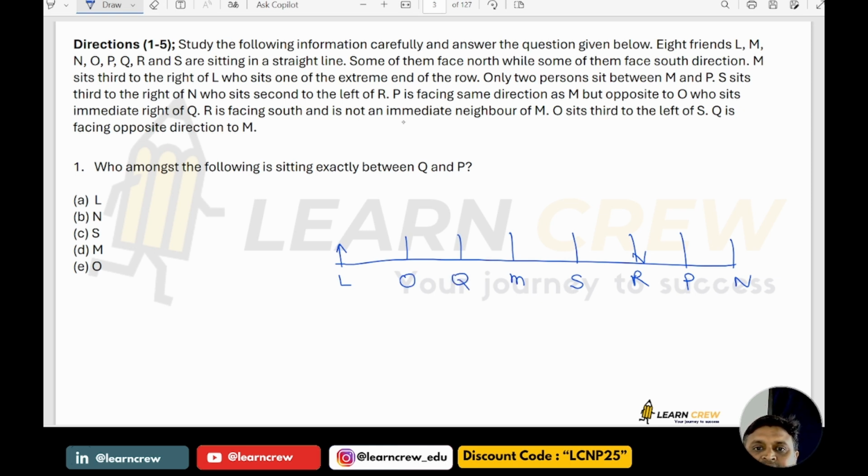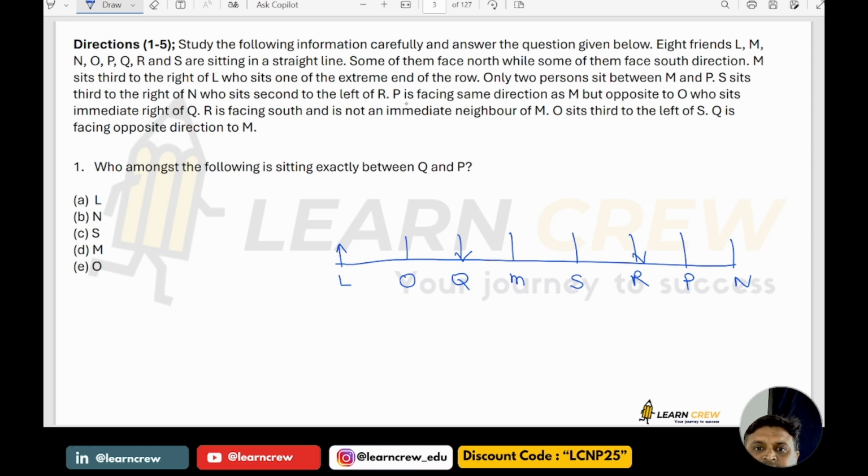Now it is given that P is facing the same direction as M but opposite to O, who is immediate right of Q. So that means Q is facing south.